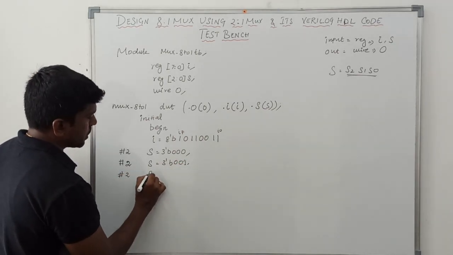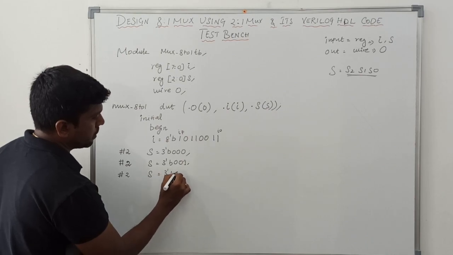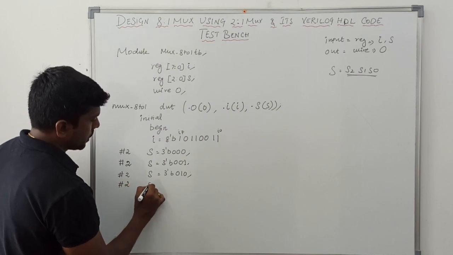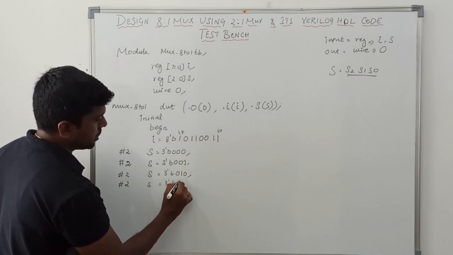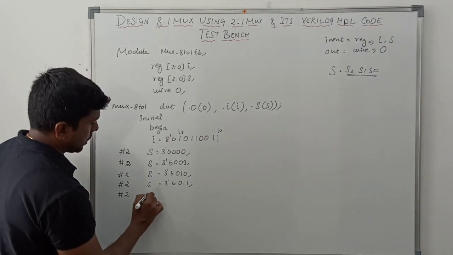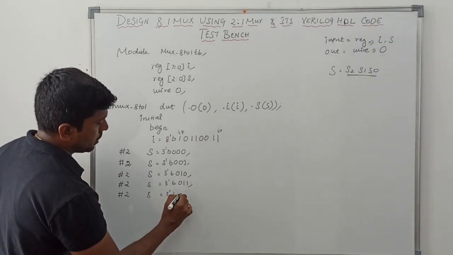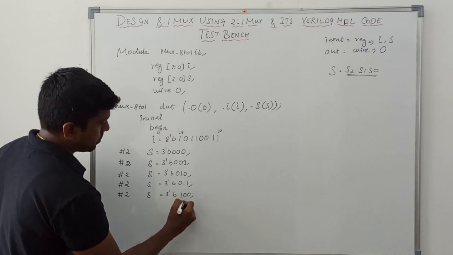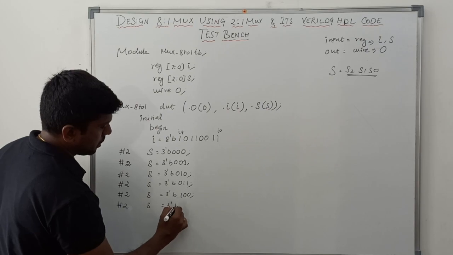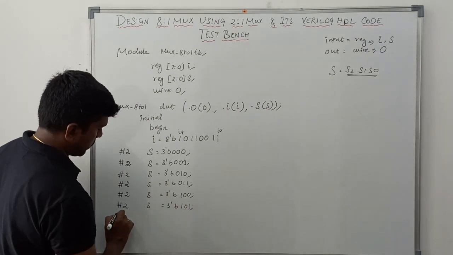Then after 2 nanoseconds, S = 3'b010. Then after 2 nanoseconds, S = 3'b011. Then after 2 nanoseconds, S = 3'b100. Then S = 3'b101.